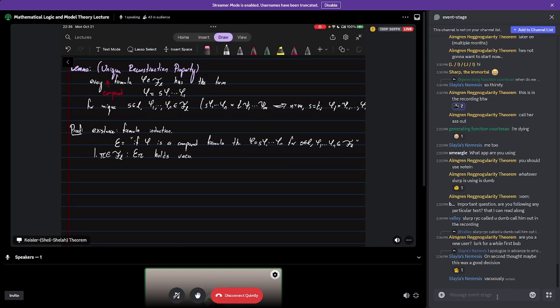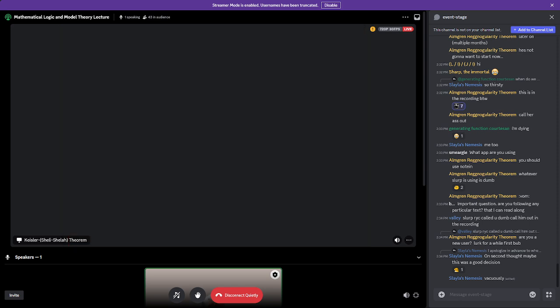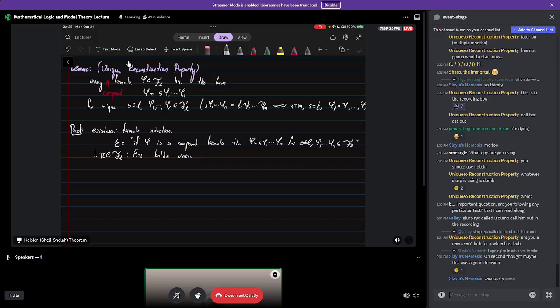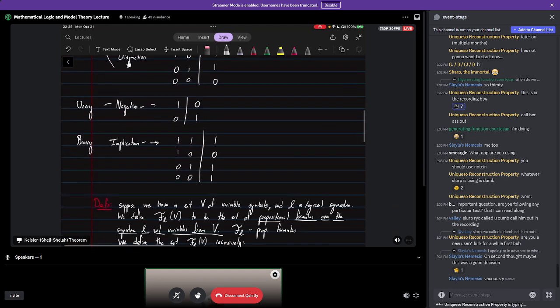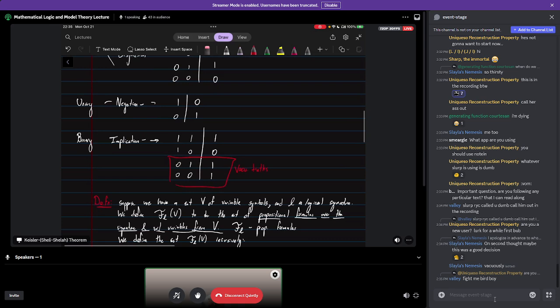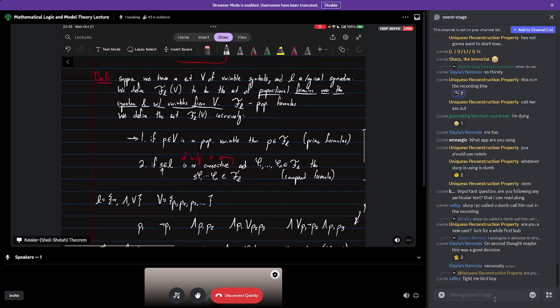Because it's not a compound formula. Right, so what we said before is that if x implies y, but x is false, then that holds vacuously. That always holds. And if we look at this truth table, implication always holds. So these things are called vacuous truths, because they hold because the premise doesn't hold.